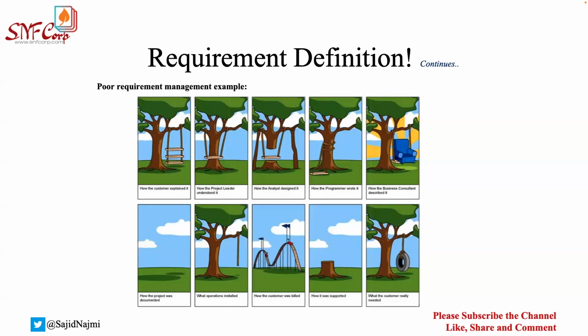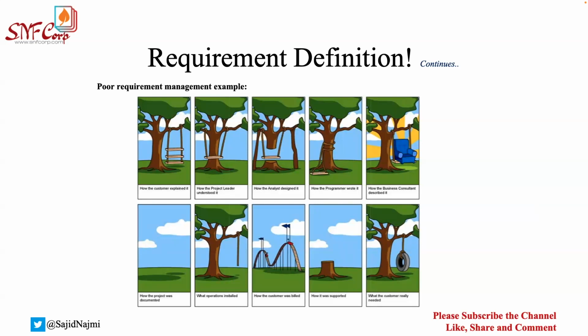If you see the first row, first image, this is how the customer explained the requirement to the business analyst. Second, this is what the BA understood. Third, this is how the UI UX team or the designers designed it. Now the next one shows how the developers wrote the code, and how everything is different from the actual requirement.